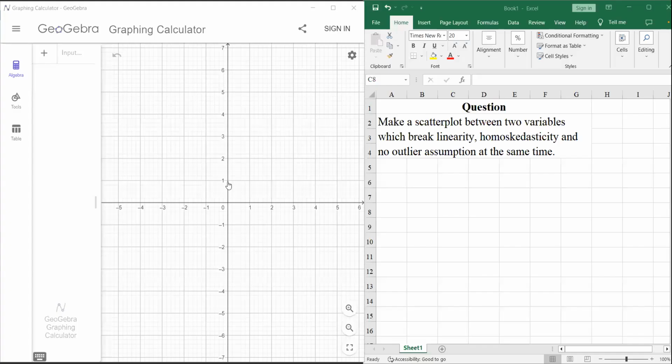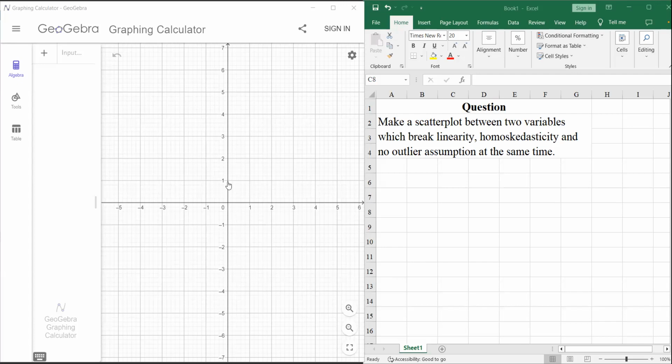So the question is, make a scatter plot between 2 variables which break linearity, homoskedasticity, and no outlier assumption at the same time. So let's start with the easiest assumption to break, which is the linearity assumption.